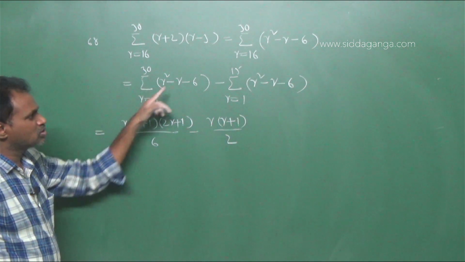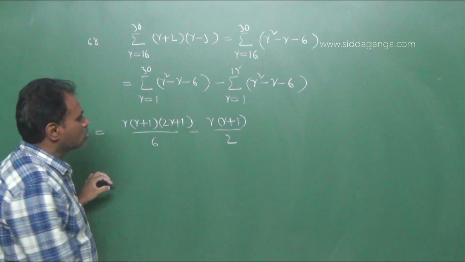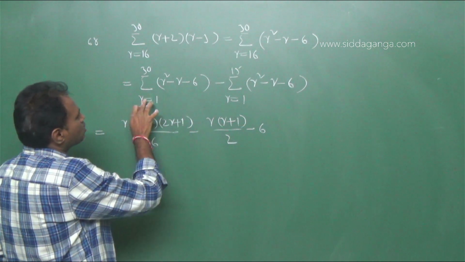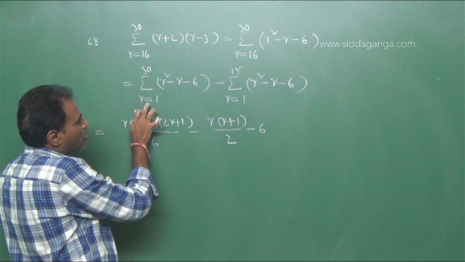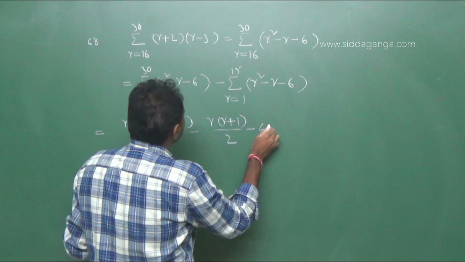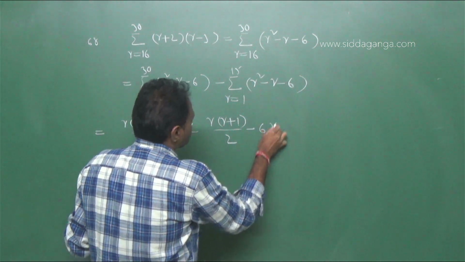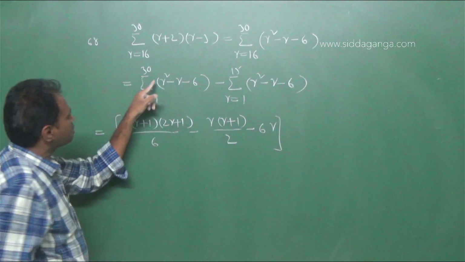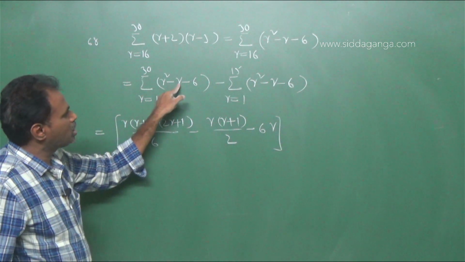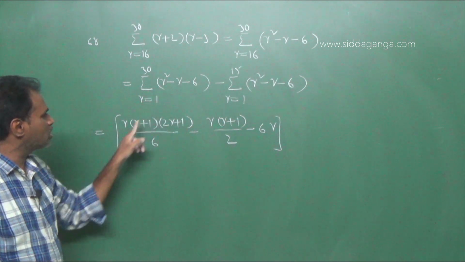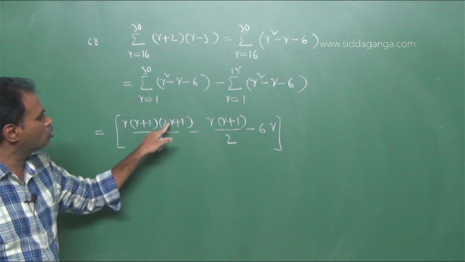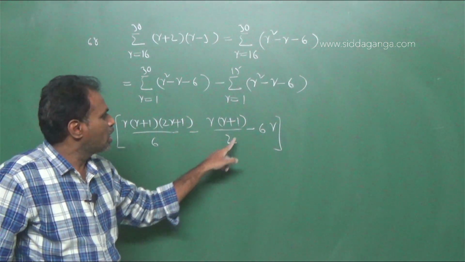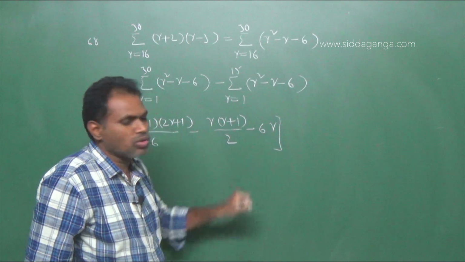Here r equal to 1 to 30, so we need sigma of r square, sigma r and sigma 6. Sigma r square means n into (n plus 1) into (2n plus 1) by 6, sigma r means n into (n plus 1) by 2, and sigma 6 means 6 into n.